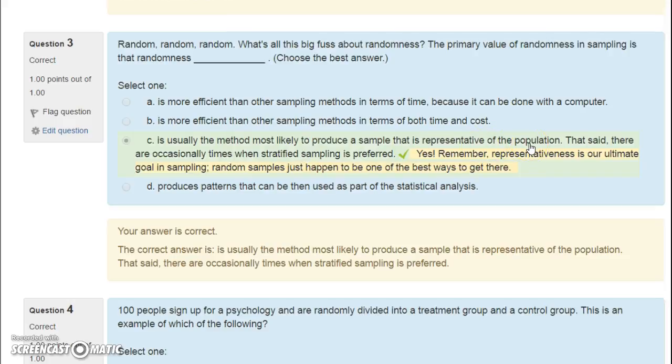So this helps you generalize then to the population. You find some results for your sample, and you can say, well, probably these results would hold in the population as a whole if you've done a random sample. If you do a convenience sample, then you can't necessarily make that jump from your sample back to the population.